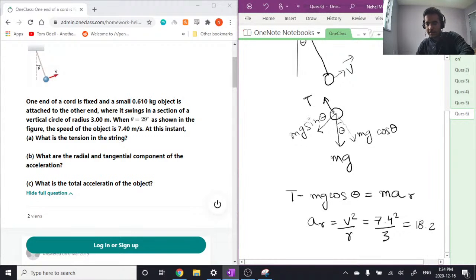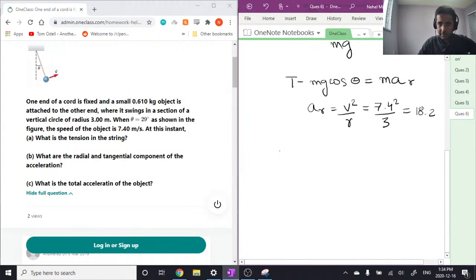Now if we plug this into the equation above, solving for T, we get T equal to m times a_r plus mg cosine theta. a_r we just calculated to be 18.2 and mass is 0.61, plus 0.61 times g, 9.8, multiplied by cosine of theta, and theta is 29 degrees.